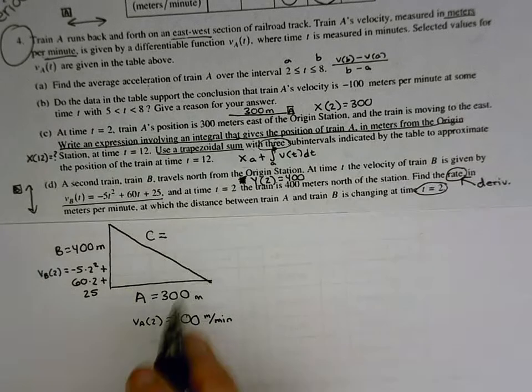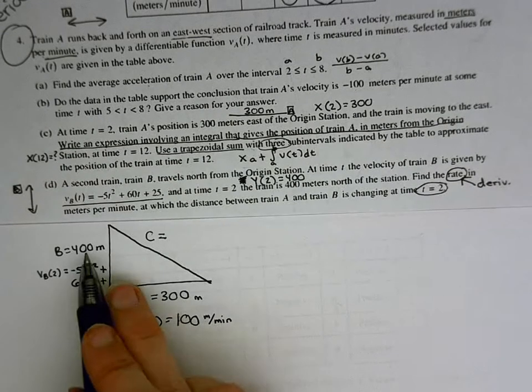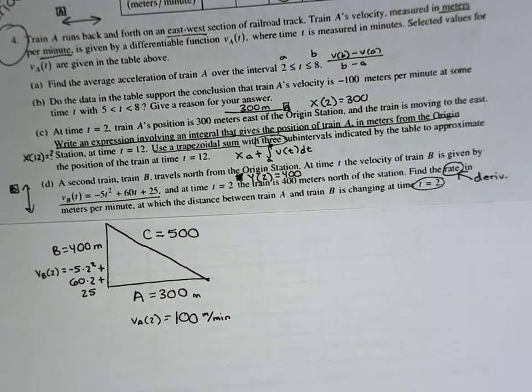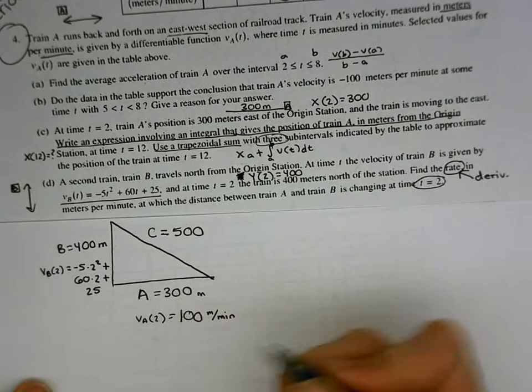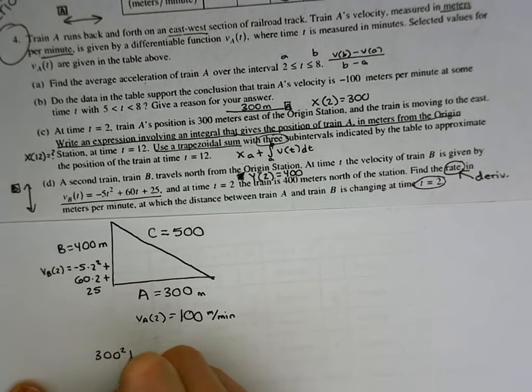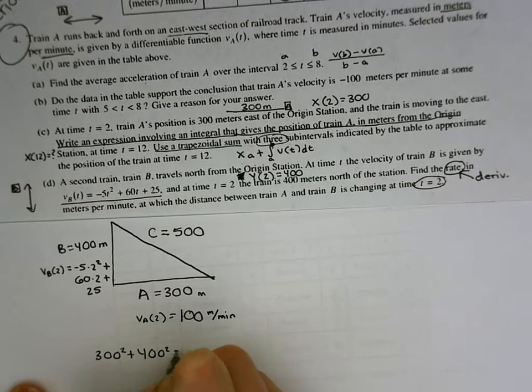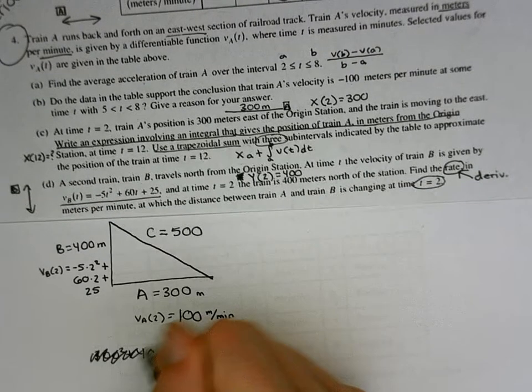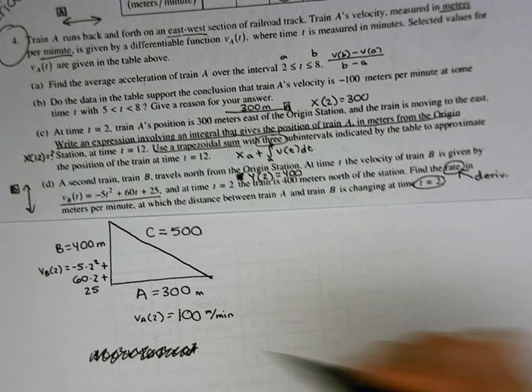Okay, well, if this one's 300, 400, C has to be 500, a 3, 4, 5 triangle. If you didn't remember it was a 3, 4, 5 triangle, that's where you would want to use the Pythagorean theorem and actually calculate that C, right? Your A squared plus your B squared equals your C squared, right? But obviously it's going to save you time if you recognize the 3, 4, 5.